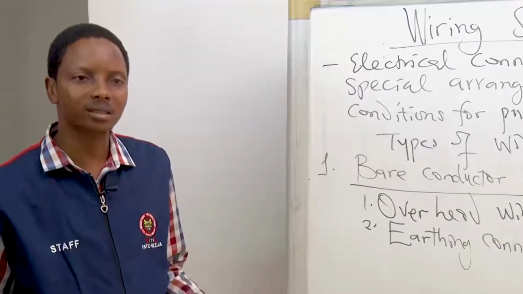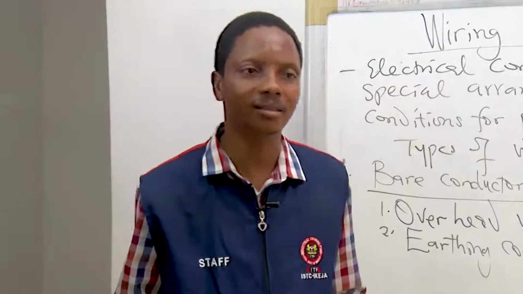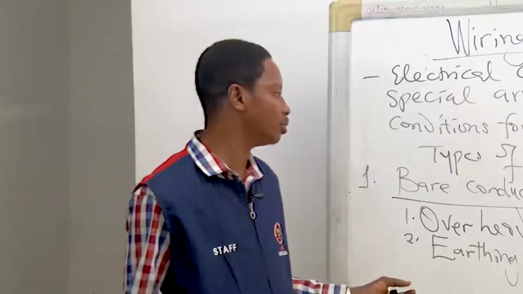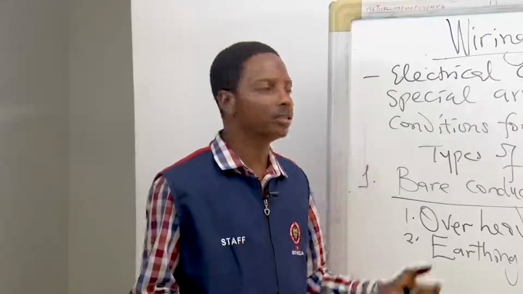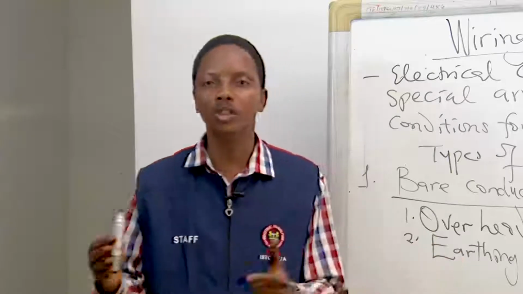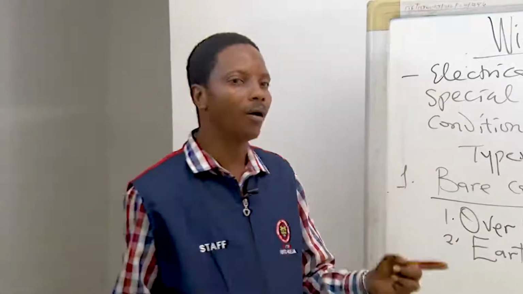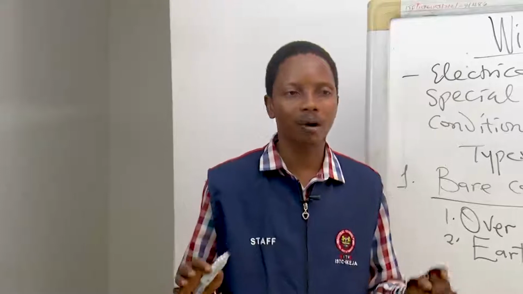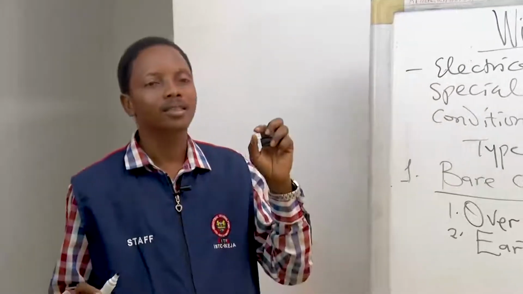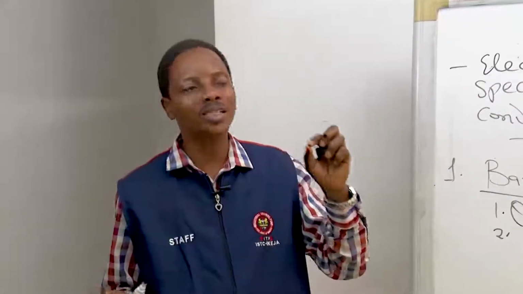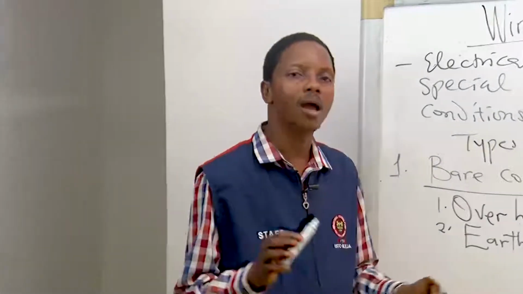You may ask, technically, when we are talking about bare conductor, I said the cables are not insulated. However, in overhead wiring system, the cables are insulated with what we call air.